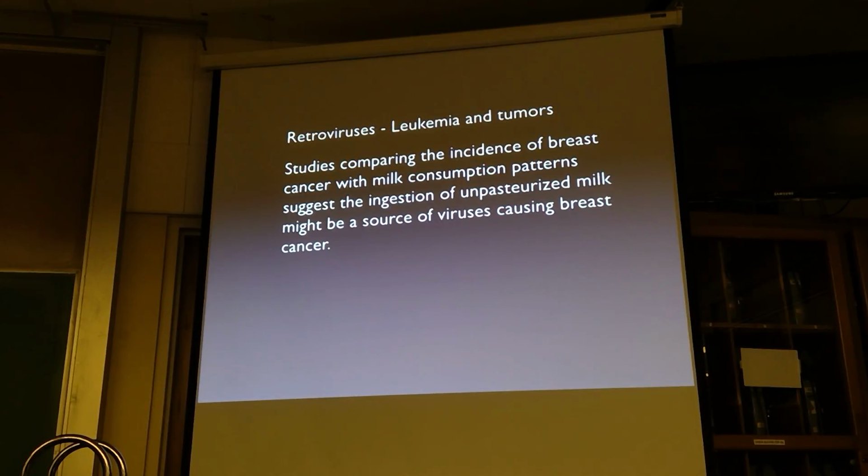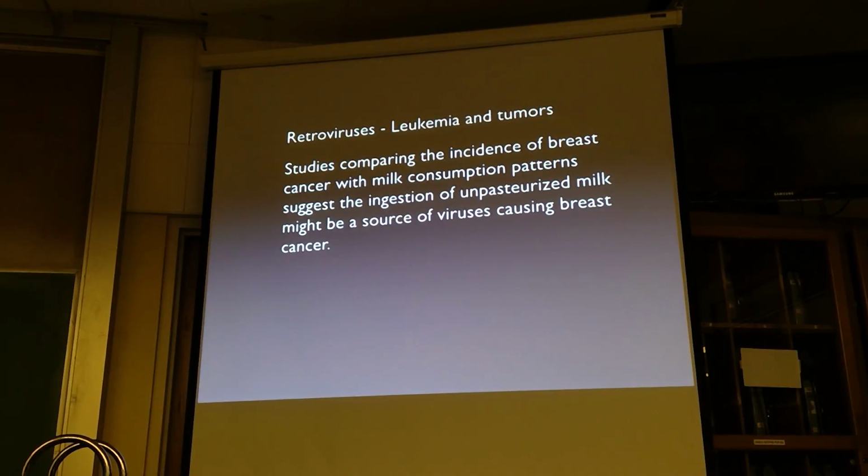This business about the unpasteurized milk, we don't really know what causes breast cancer, but in mice, there's a type of tumor, a breast tumor, that is transmitted through milk. And so researchers thought, wow, what if human breast cancer is caused by a virus that's transmitted in milk? And they hypothesized that it might be a virus associated with cattle because we consume mostly cow milk.